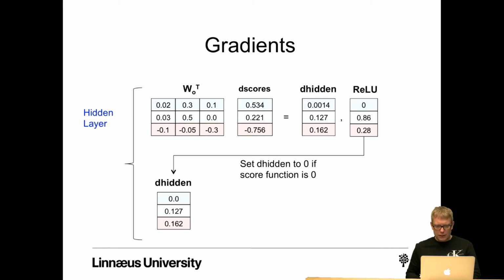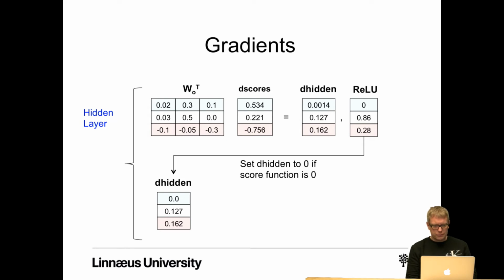The gradients, we calculated the d-scores from the output layer, and the weights from the transpose of the weights from the output layer. We calculate the d-hidden, the gradients in the hidden layer. That's the transpose of the weight matrix from the output layer multiplied by the gradient d-scores vector from the output layer. And that equals the d-hidden vector we have here, with 3 values.